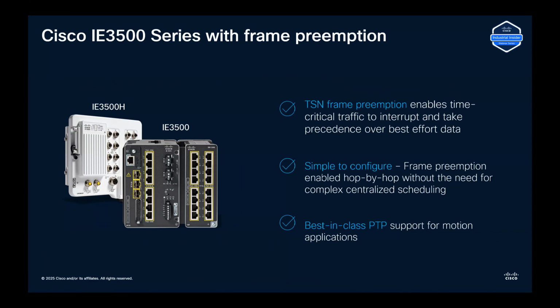The way we do time-sensitive networking in the IE 3500 is we use frame preemption. Once a switch sees that there is very high priority control traffic with strict timing requirements that needs to be transmitted, it suspends any traffic going on at that point of time, any lower priority traffic.